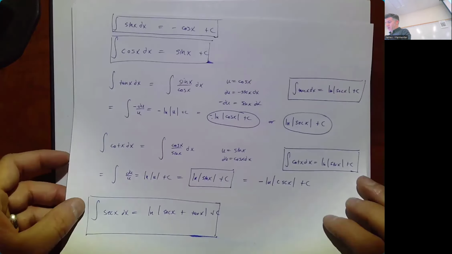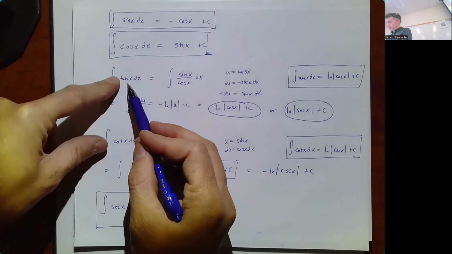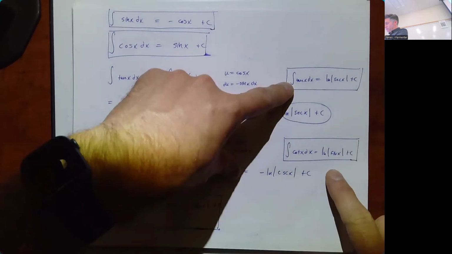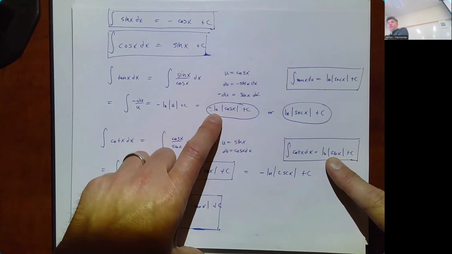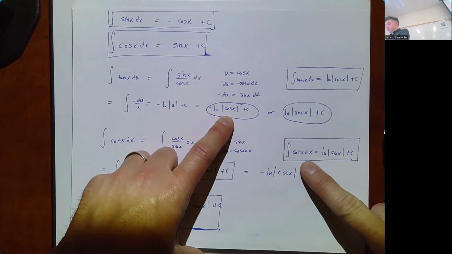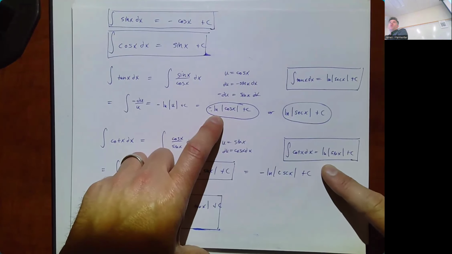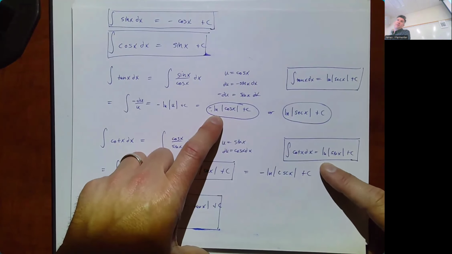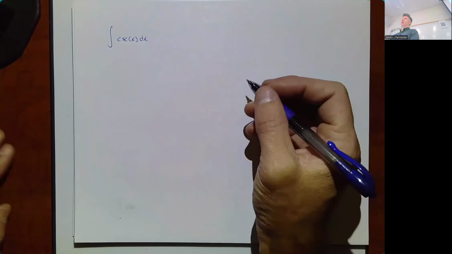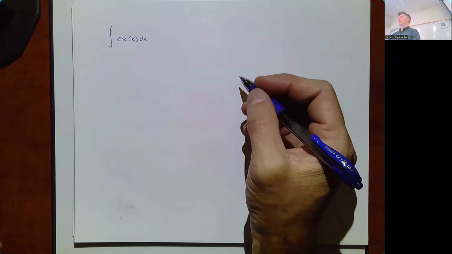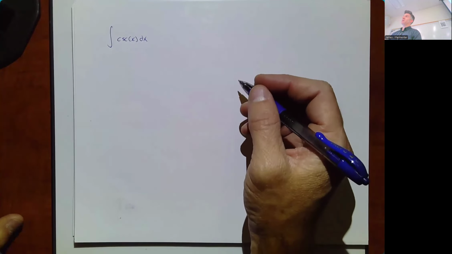You look back here, the integral of tangent and cotangent are pretty much the same. The integral of tangent is the negative natural log of cosine. The integral of cotangent is the natural log of, just sine. They're virtually the same. So we'd expect the integral of cosecant to be something like the natural log of cosecant plus cotangent instead of secant plus tangent.